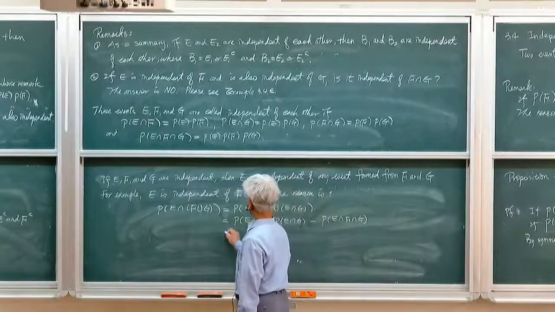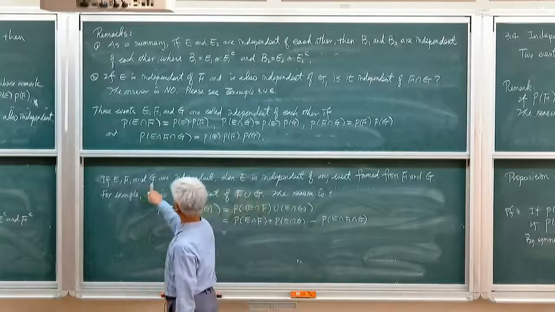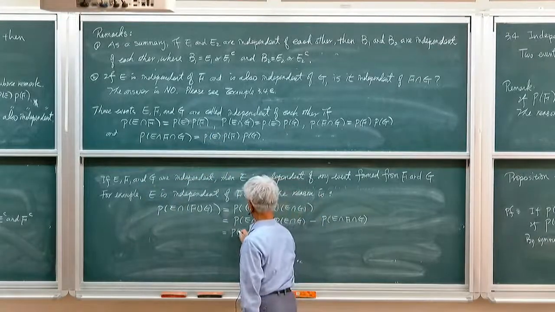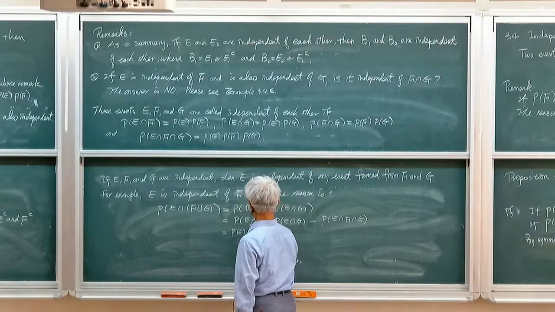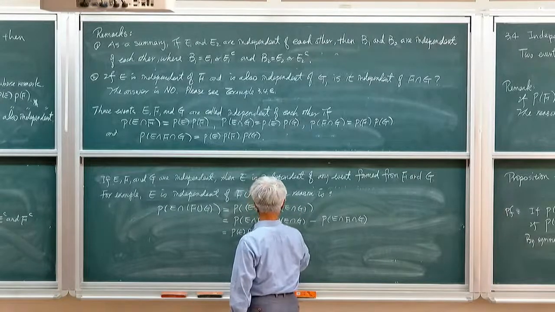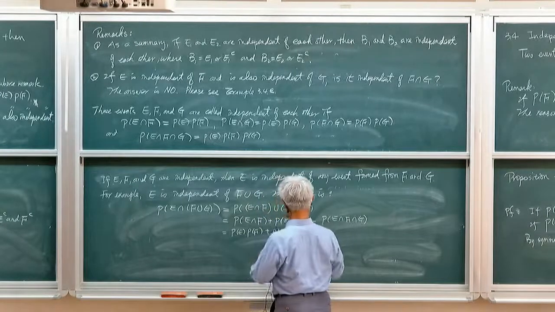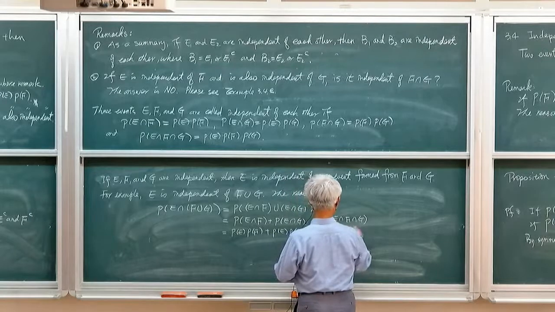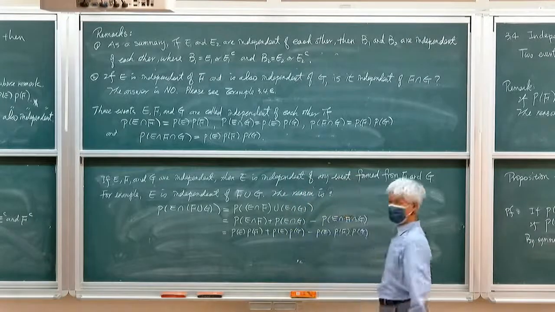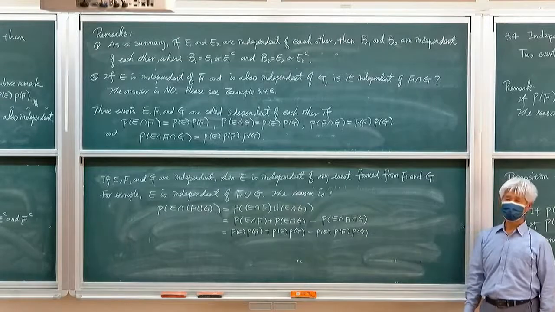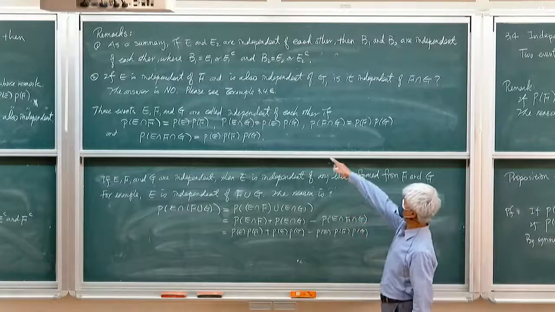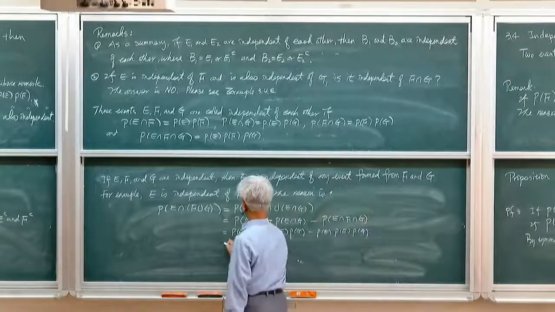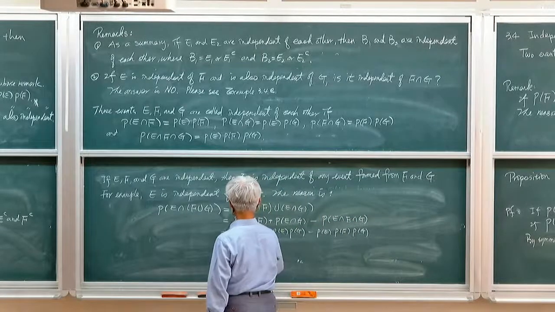All right. Now, because E, F and G are independent, the probability of this intersection is the product. Is that okay? Okay, so we just plug the formula here. And so they have common factors.